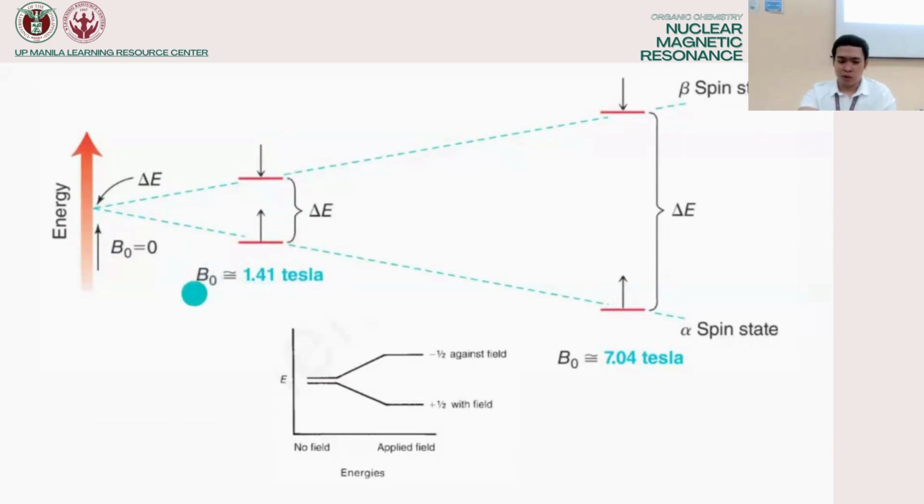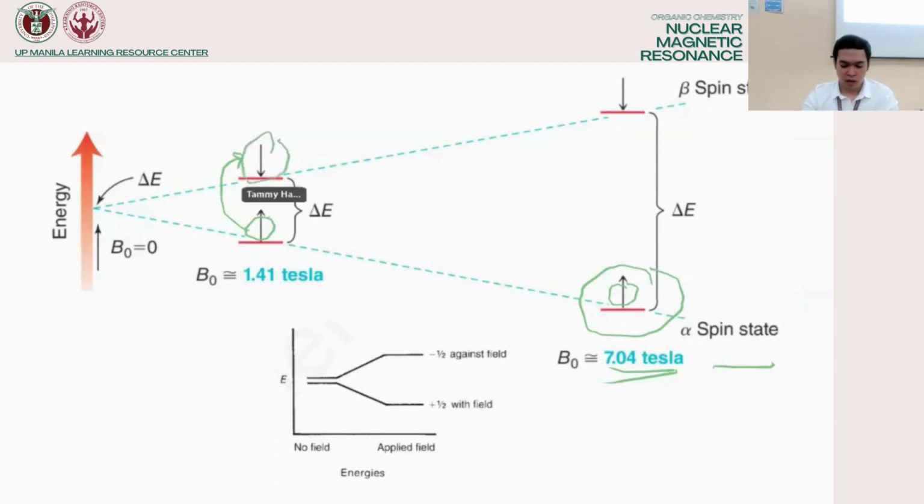For example, this is my Tesla strength and you have 2 hydrogens here. This one will flip to beta, but this one will not, because it needs 7.04. So what you will record is this and this, because it does not flip.